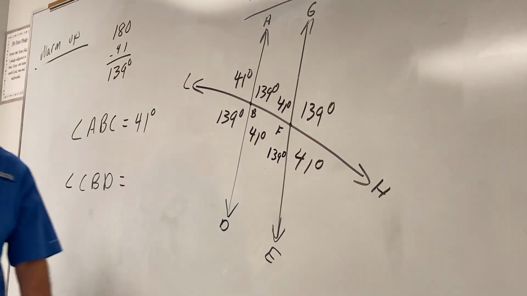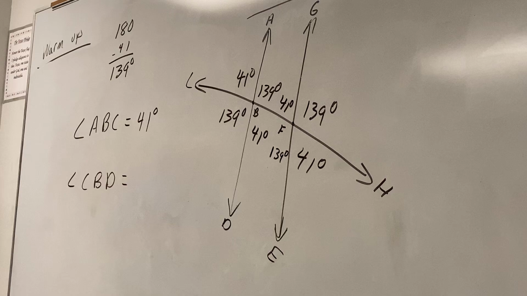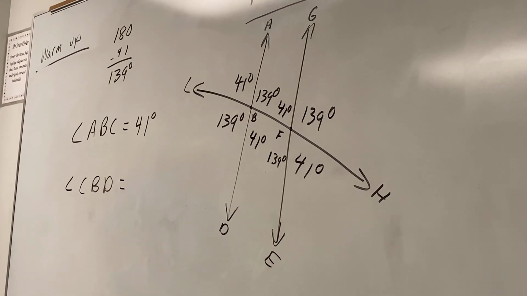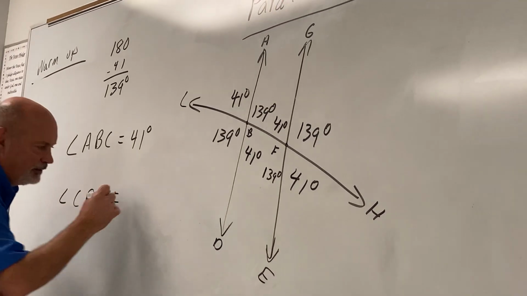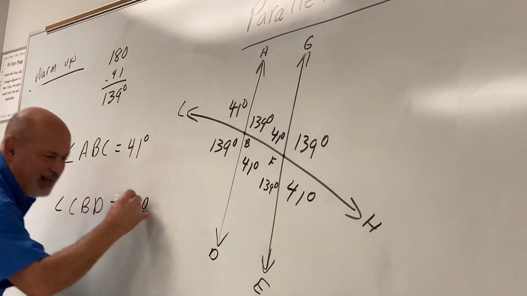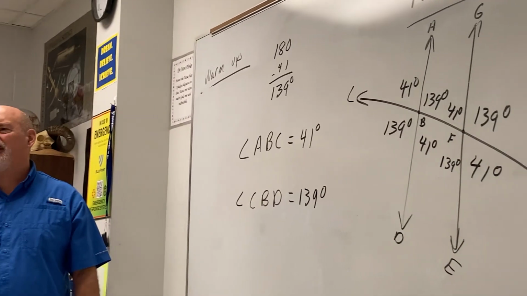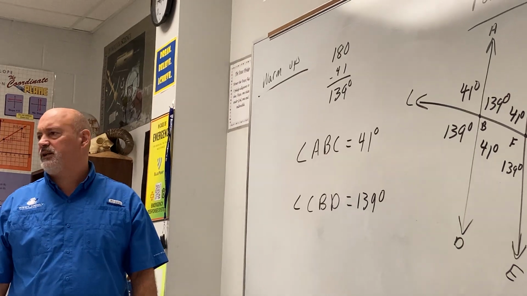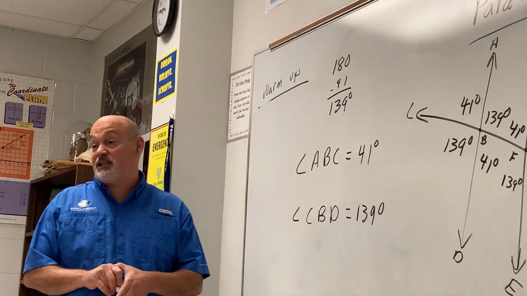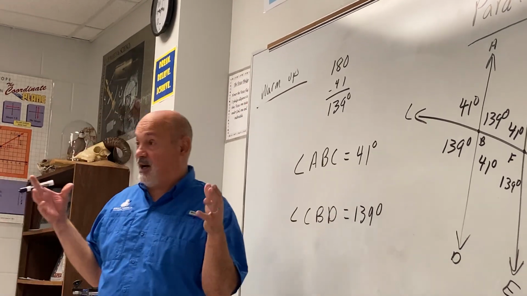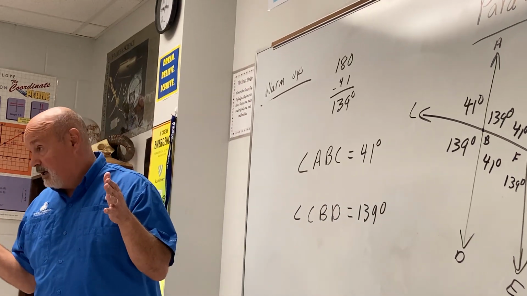Questions so far? All right, today we're going to stop there. Tomorrow I will add some more. We've got names for all these types of angles, but I think today we're just going to stop at finding the degrees of certain angles. And it's actually really easy once your brain wraps around it: we've got a big and a little.